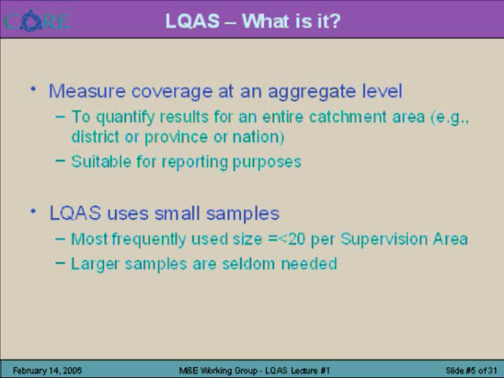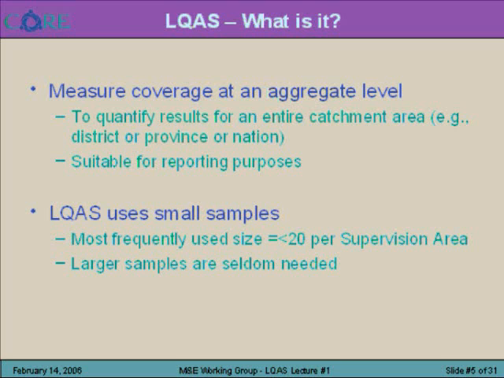In a few more slides ahead, we will see the differences between using LQAS data for monitoring purposes, used at the local level, and using LQAS data for evaluation purposes, used for establishing coverage rates at an aggregate level. Finally, whether we use LQAS for monitoring purposes or for evaluation purposes, LQAS uses a small sample size, most frequently less than 20 observations or interviews per supervision area.